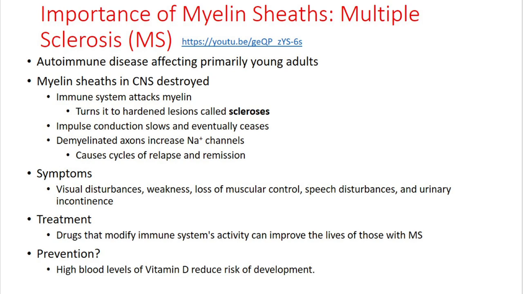Well, drugs that modify the immune system's activity can improve the lives of those with multiple sclerosis, but it is a condition that is progressive, and we have no cure. So prevention is really the best bet for those who are concerned, and we've found that high blood levels of vitamin D can reduce the risk of development, but they don't ensure that it will not develop.